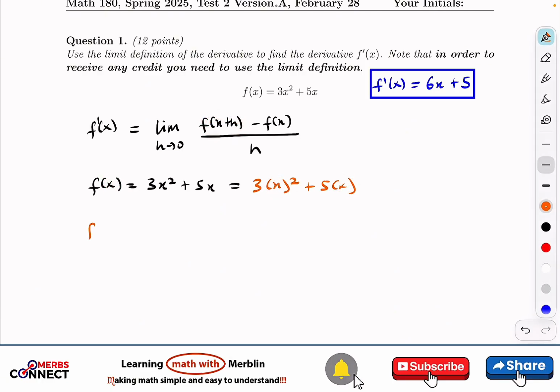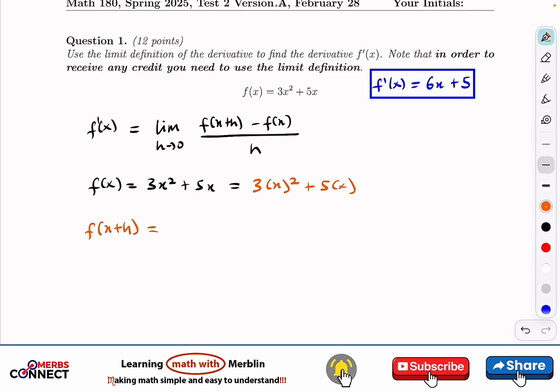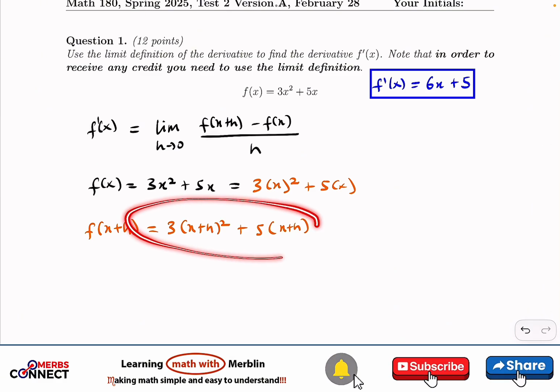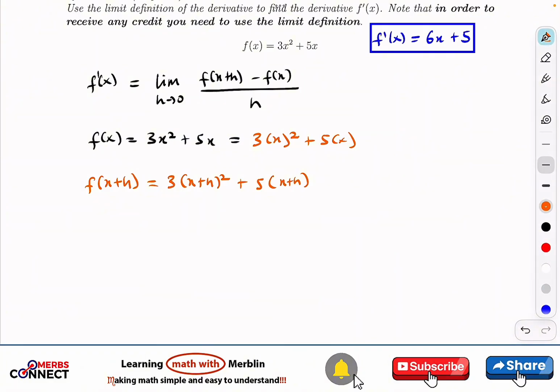So it's going to give us f of x plus h, replace here. I need to replace this one by x plus h, replace this one too by x plus h. So 3(x plus h) squared plus 5(x plus h). Because as soon as you get this one wrong, it means that everything that you are going to do will be wrong too. So that is very important, to get this one right.